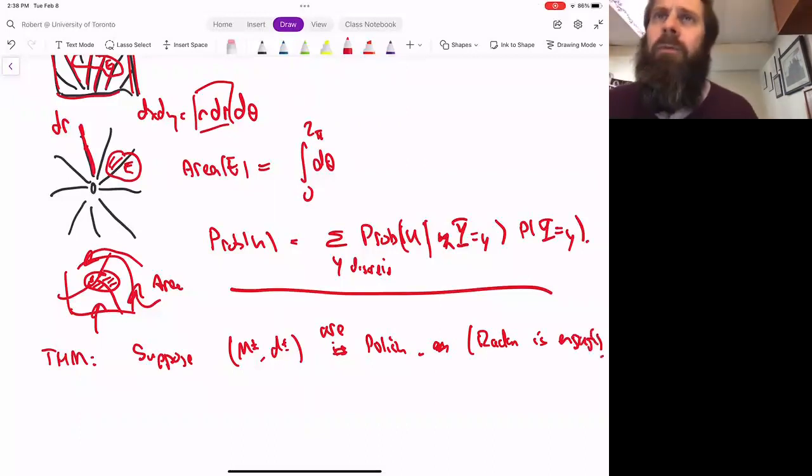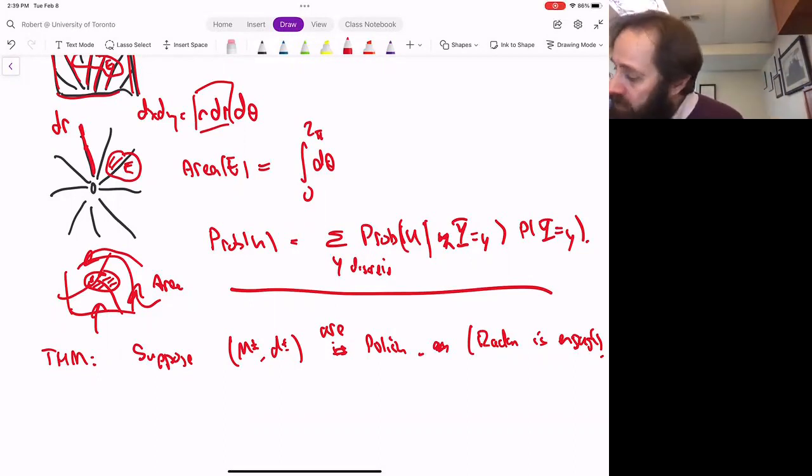We talked once before that Polish spaces have the property that every probability measure is regular, in the sense that you can approximate the measure of any Borel set by compact sets from inside. Radon spaces are defined by that property. So a space is Radon if every probability measure on the space can be inner approximated by compact sets. It's sort of saying compact sets are dense in the space in some sense, or measure theoretically dense.